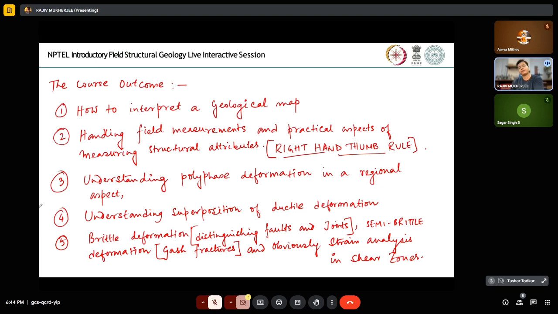And we have thoroughly discussed some conceptual multiple choice questions regarding these individual topics. So we have discussed geometry and structural attributes in the first session, then talked about brittle deformation, ductile deformation, mechanism of folding, and problems related to them.